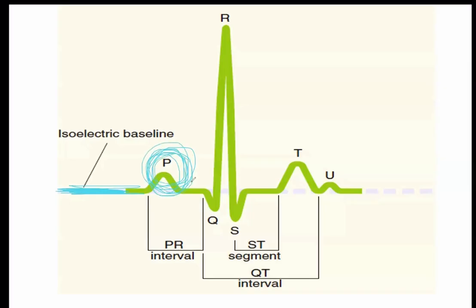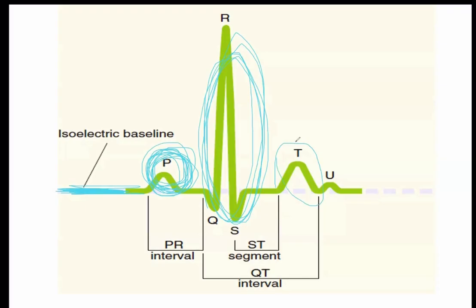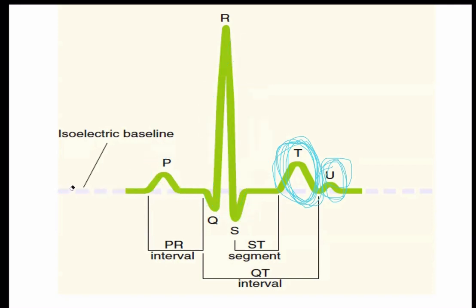If they contract, they produce this small positive deflection, while the whole QRS is due to the ventricle depolarization. Then we have the T wave, which indicates ventricle relaxation or ventricle repolarization. If there is a U wave, it is positive and it comes after the T wave. So these are the waveforms of the ECG, and this is the baseline ECG.